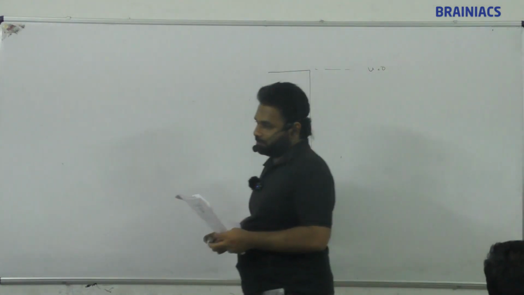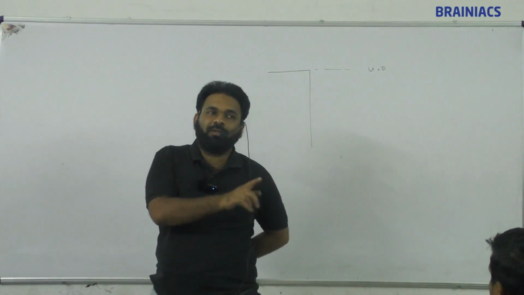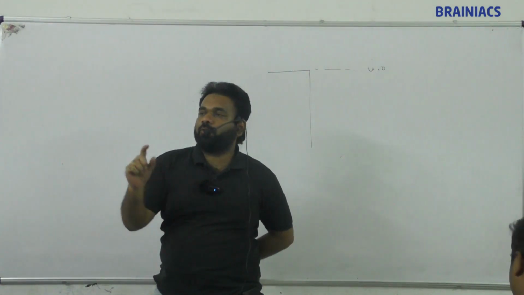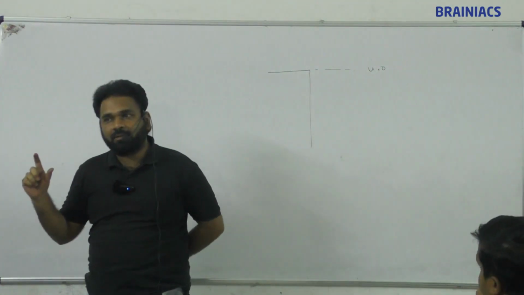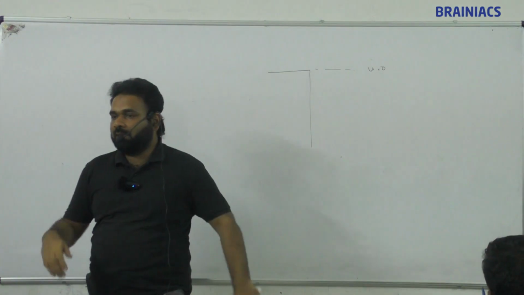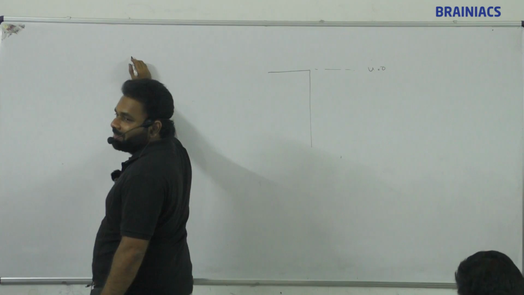Two stones. So what is the heat? We have already seen, what is the energy or heat required to change the temperature of something? m s delta T. Bas, over.